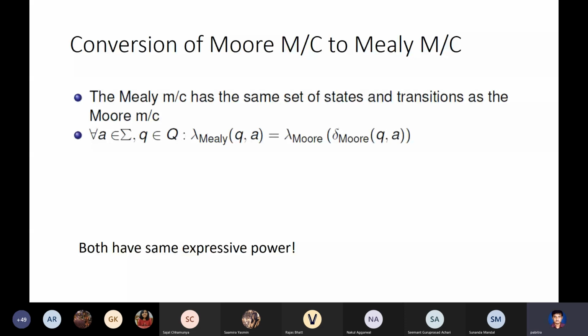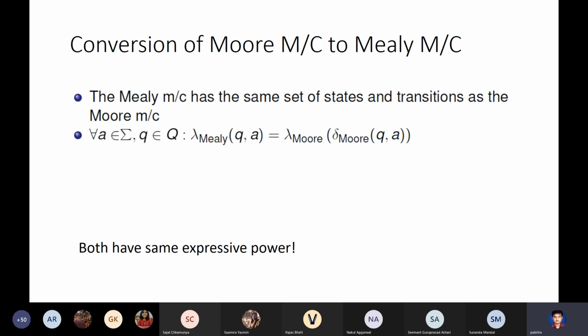But to be honest, in a synchronous sequential circuit, there is not much to choose between them. Whatever is natural, whatever the designer comes up with, can be used. Nevertheless, we study how to convert one to the other.